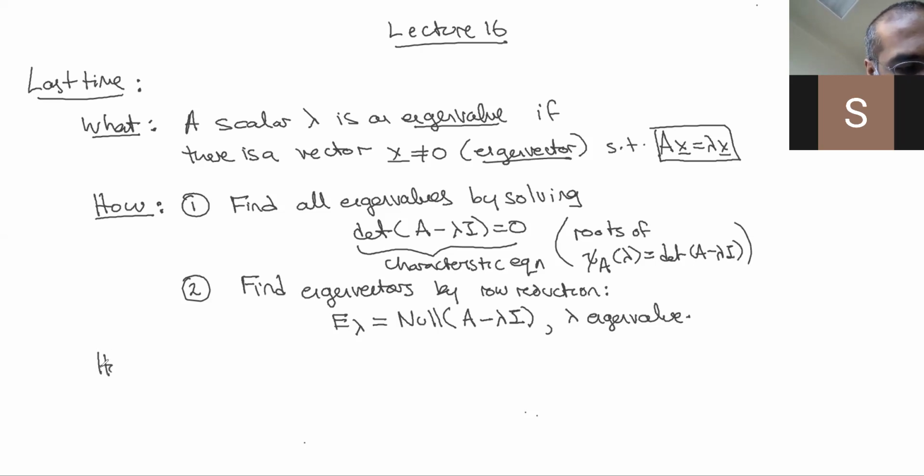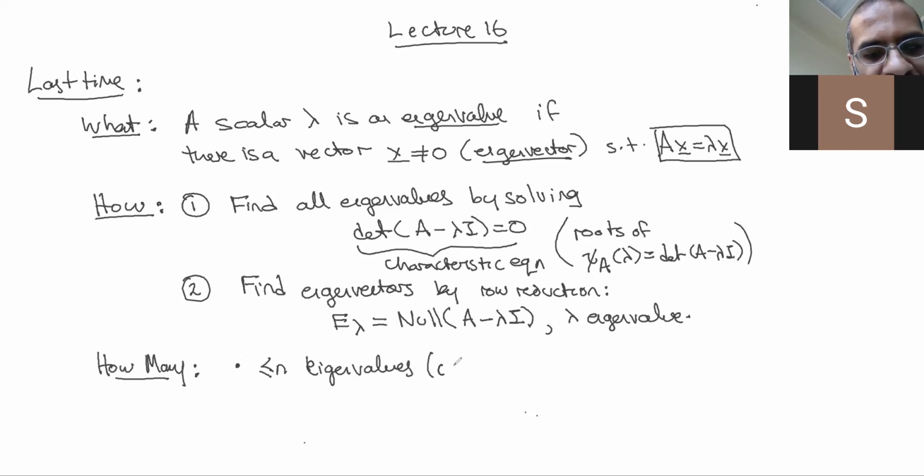And then finally, we discussed how many solutions there are. And we derived some basic bounds on how many solutions there can be. So there are at most n eigenvalues, and that is counting multiplicity.